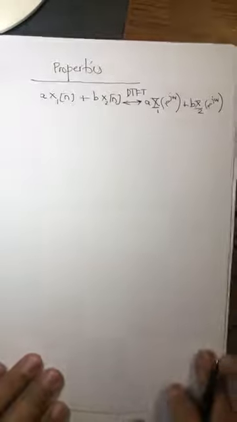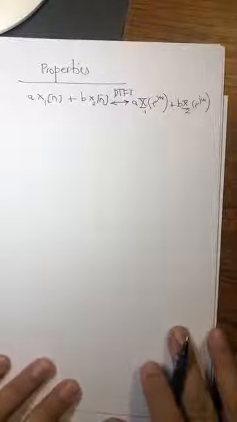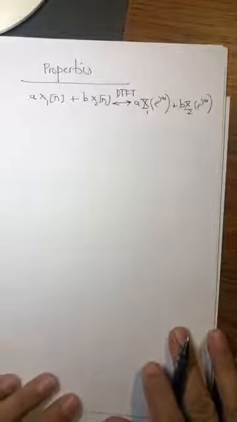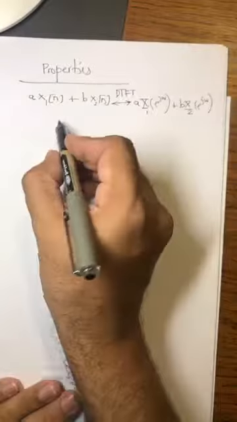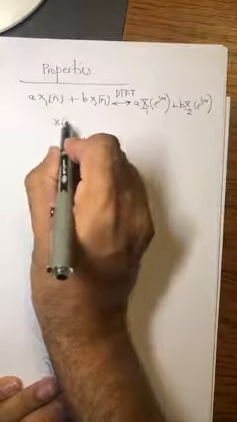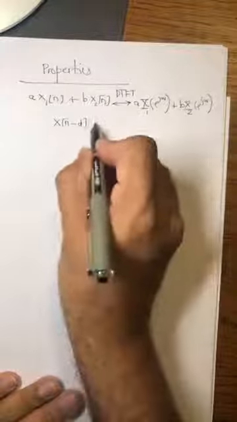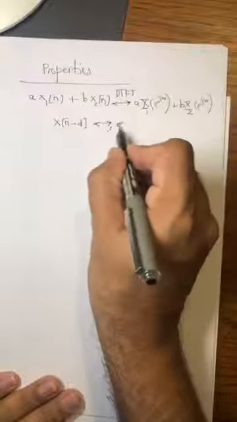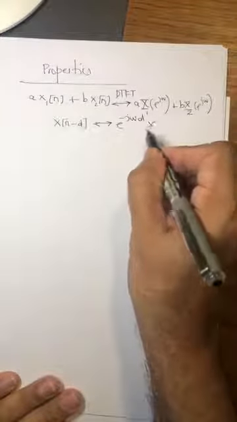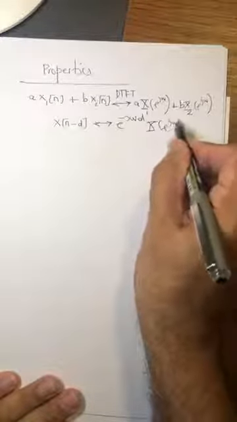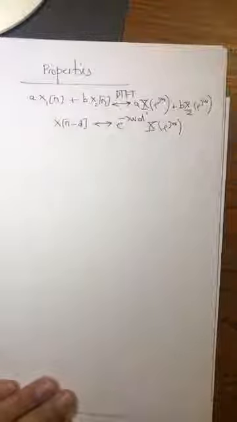Remember this? So we have studied this property, which is called the linearity property. And then a property which we have used in solving many questions was delay. If there is a delay in time, it is multiplication by e^{-jωd} times X(e^{jω}). This is the second property we studied.